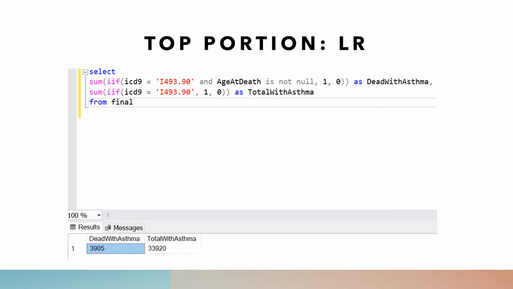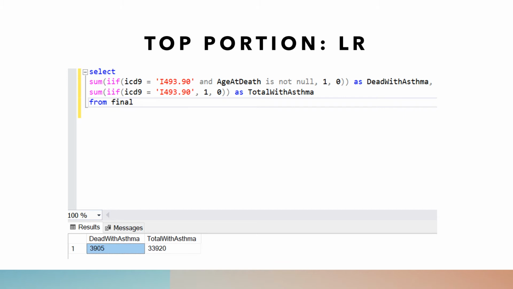This is what the top row of the likelihood ratio looks like when calculated in SQL. Essentially, what we're looking to do is to create columns for those who have died with asthma as a diagnosis and the total number of those with asthma. This will be divided against one another, and then it'll be divided by the bottom row of the likelihood ratio.